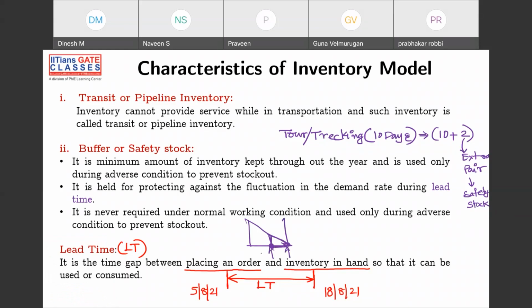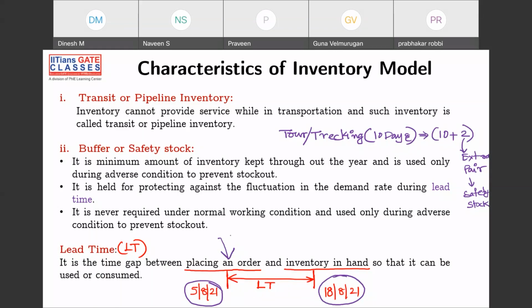Yes or no? Yes. Fine. Now lead time is nothing but the time of placing an order. You are placing an order on so and so date. Let's say this is on 5th August 21, and you are receiving your order on 18th August. So this is what lead time is.